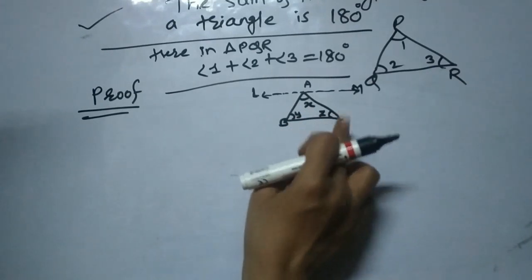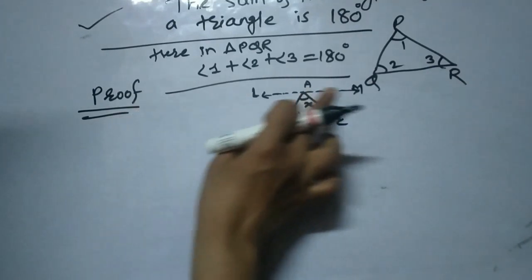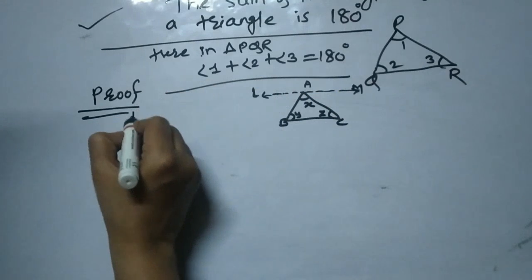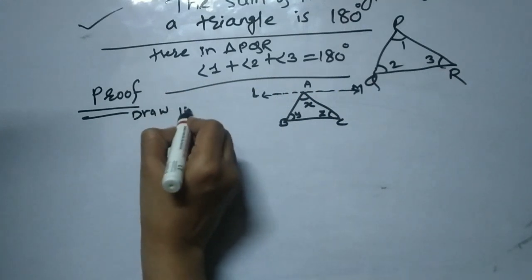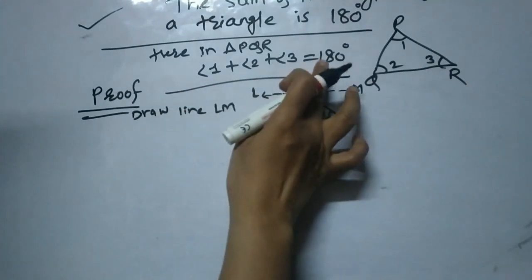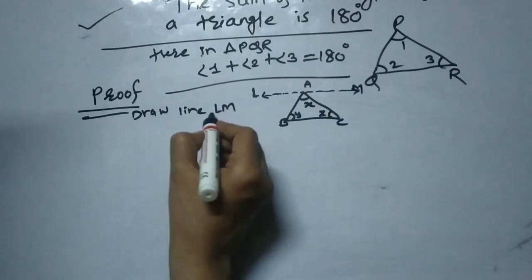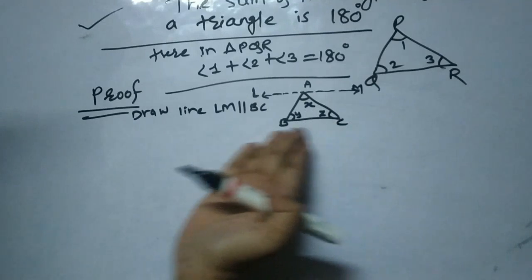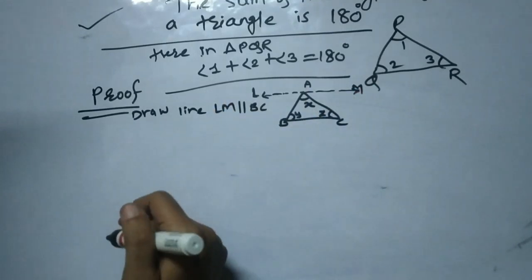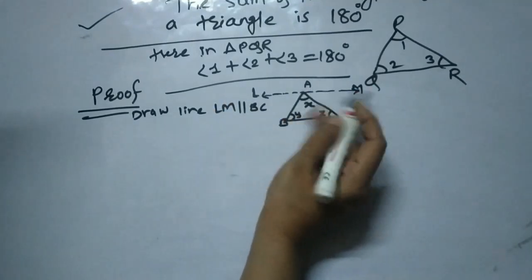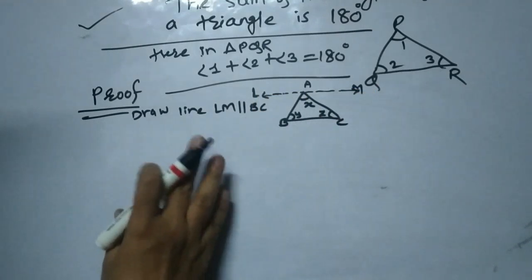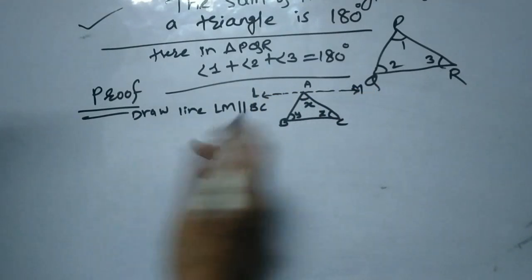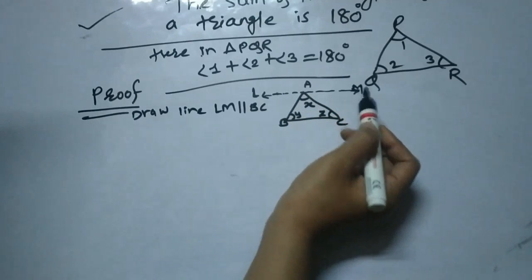So friends, for the proof we have drawn a line LM so that we can prove this property. And this line LM is parallel to BC. This is BC and this is LM. These are parallel lines, and this line passes through A. We know that this is a straight line LAM.